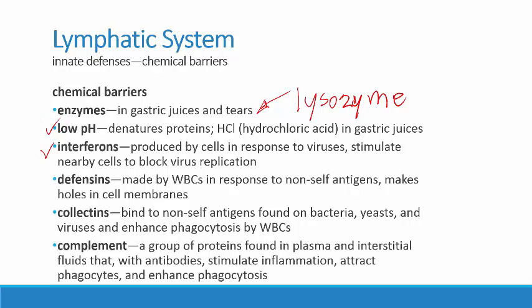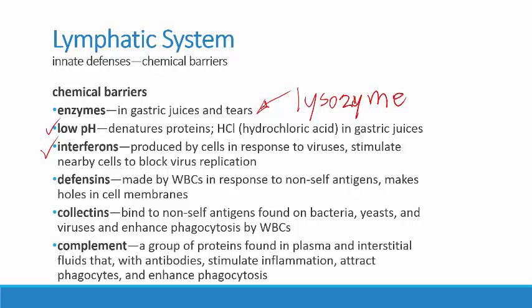Interferons are a third kind of chemical barrier. These are chemicals that are produced by a cell when it is invaded by a virus. The interferons leak out into the interstitial fluid around the cell, and they are a cue to other nearby cells to initiate processes that block virus replication.